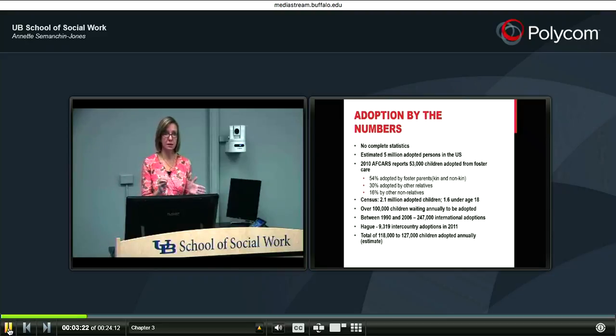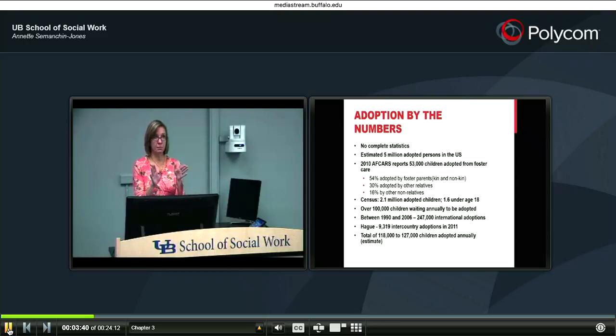The estimates that have looked at this estimate that there are 5 million adopted persons in the United States. We do have data for children and youth that were adopted from the public child welfare system, so from foster care.